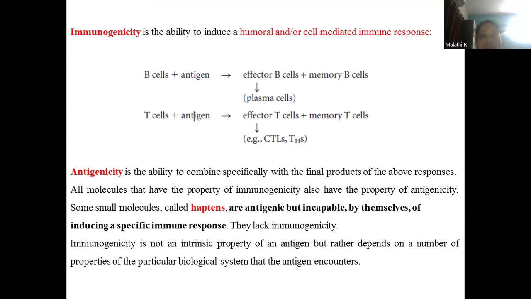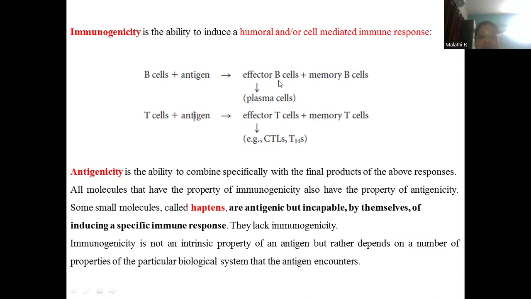Immunogenicity is the ability to induce a humoral or cell-mediated immune response. If a B cell recognizes an invading antigen, it will automatically produce effector cells, along with memory cells.